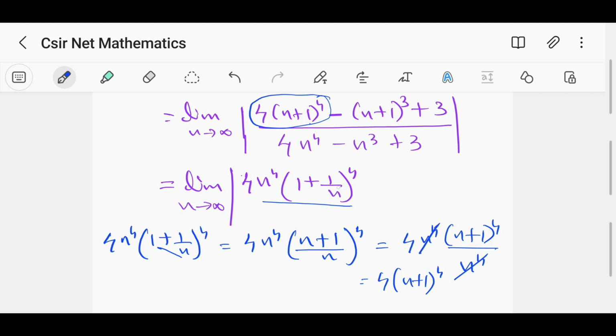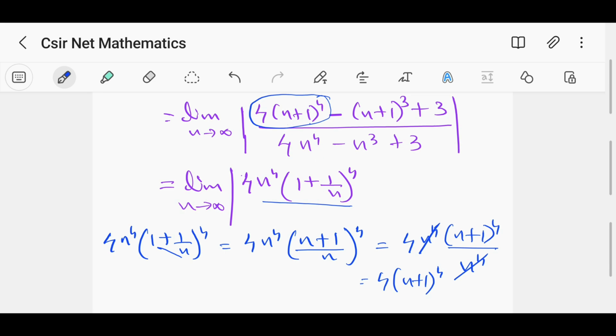It's nothing but taking n^4 common. In case you take n^4 outside, you will be left with n^4 into (1 + 1/n)^4. So when you multiply and check, you will get the previous term back. So there is no problem in altering this term to this term.